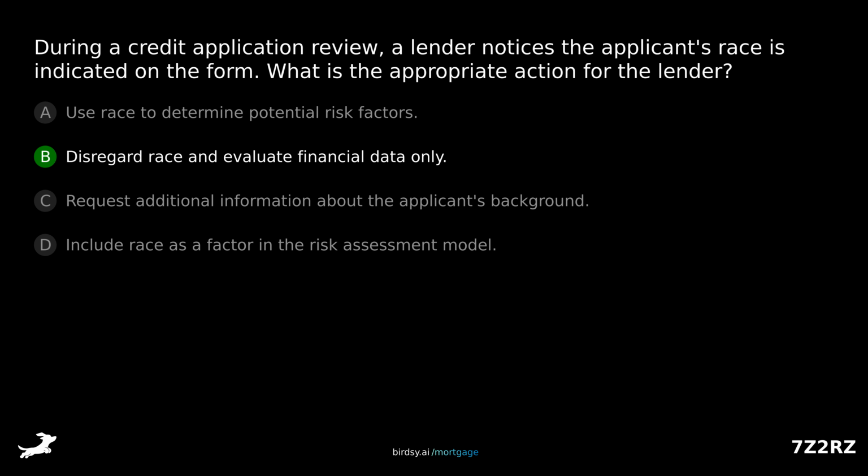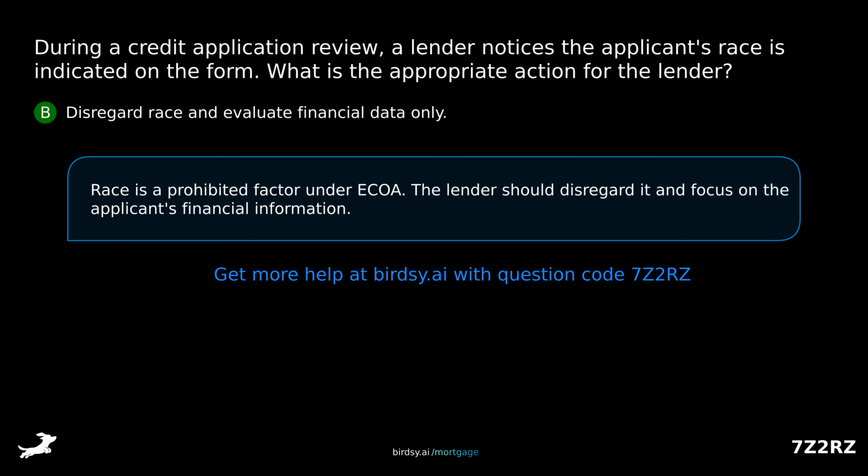The answer is B. Disregard race and evaluate financial data only. Race is a prohibited factor under ECOA. The lender should disregard it and focus on the applicant's financial information.